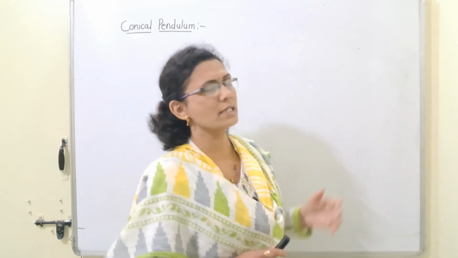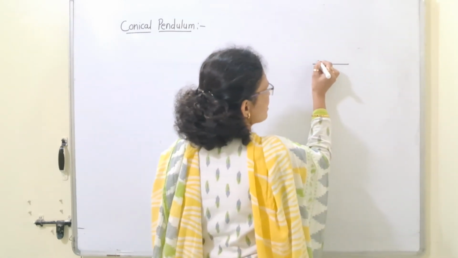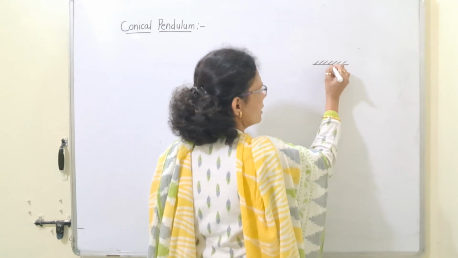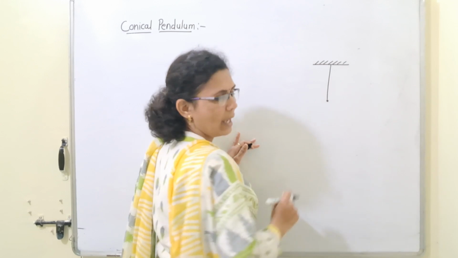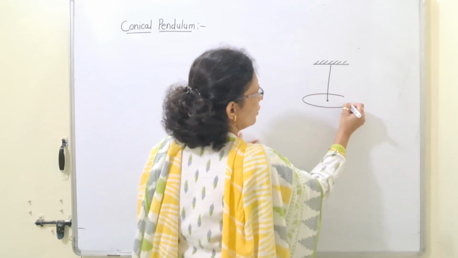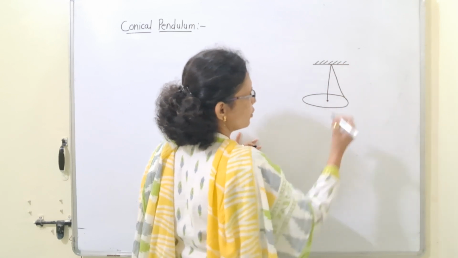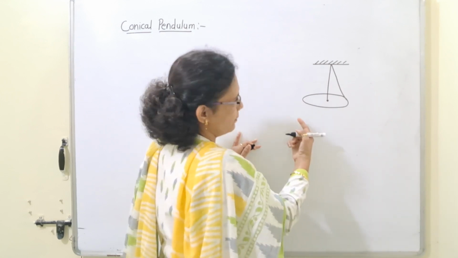For this, we have to consider the conical pendulum like this. This is a rigid support, and this is the vertical axis of rotation, and the pendulum is making horizontal circular motion like this. This is the path of the pendulum.